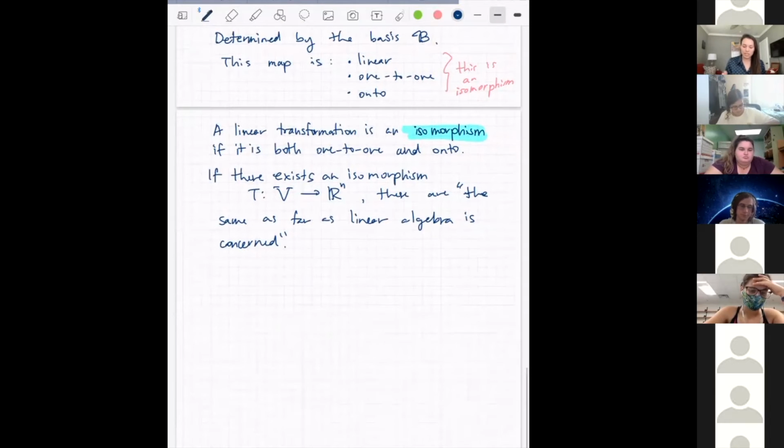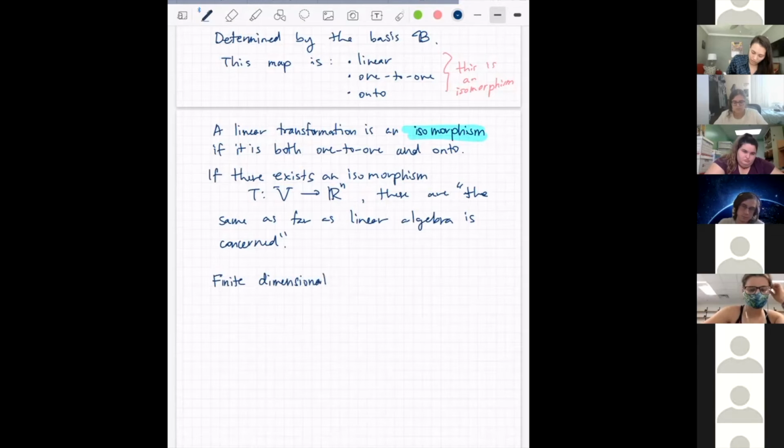So these vector spaces that we've been talking about, these finite dimensional ones, when do I talk about finite versus infinite dimensional? Maybe I'll just define that now. Finite dimensional means the number of vectors in a basis is finite.